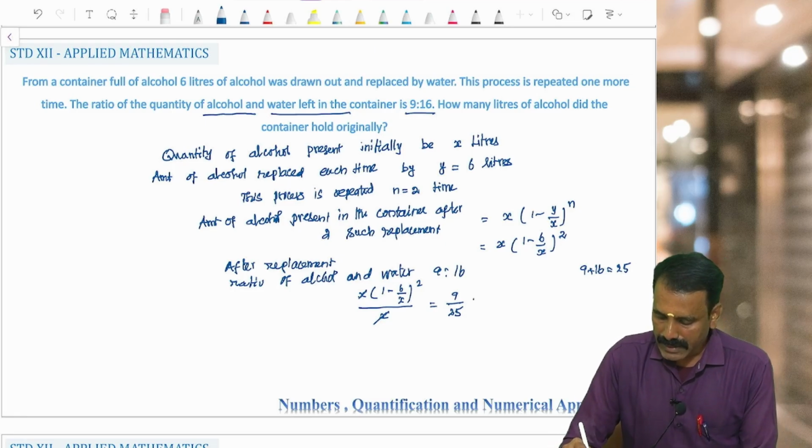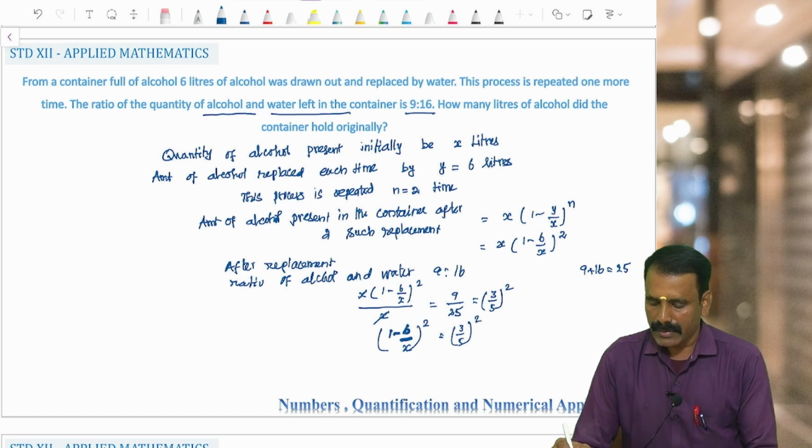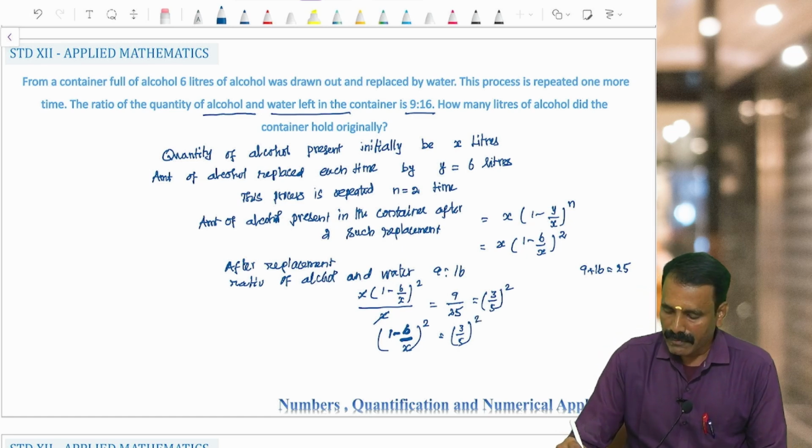And this 9 by 25 can be written as 3 by 5 whole square, because on the left hand side we are going to have the square term, 1 minus 6 by x whole square is equal to 3 by 5 the whole square. We try to simplify this expression. We take square root on both sides. So 1 minus 6 by x is equal to 3 by 5, because the square root cannot be negative.